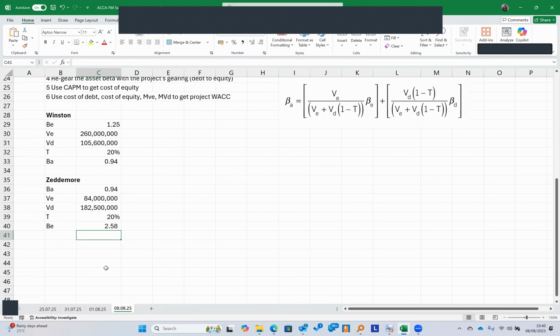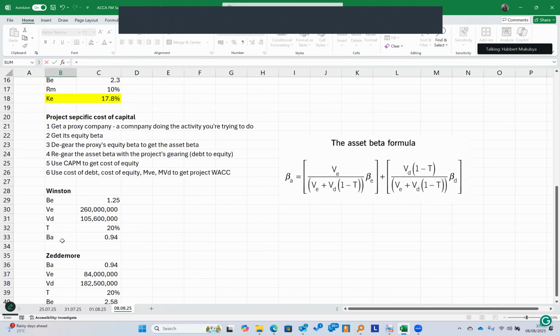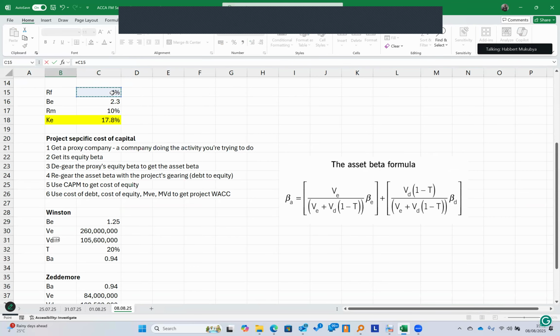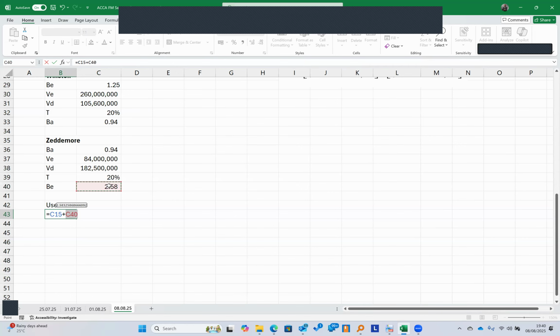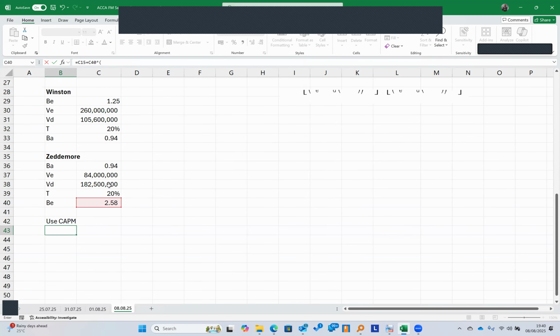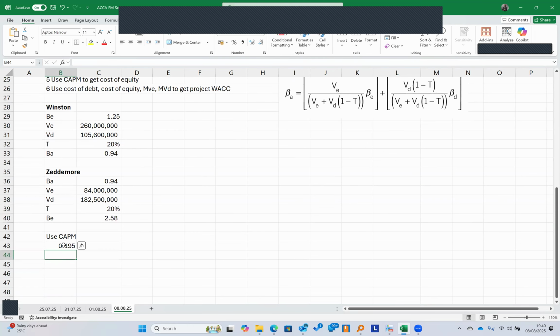Okay, and now we can use CAPM. Risk-free rate, we already have it, plus the equity beta multiplied by the difference between the market return and risk-free rate, which gives us this, KE now.